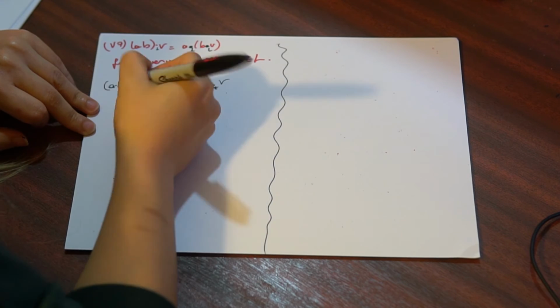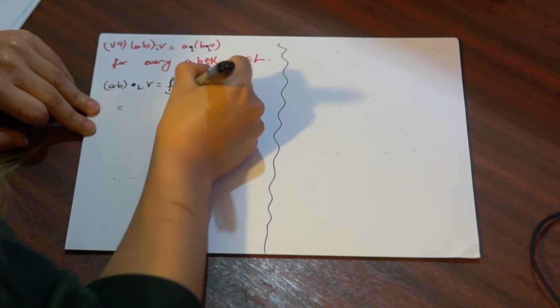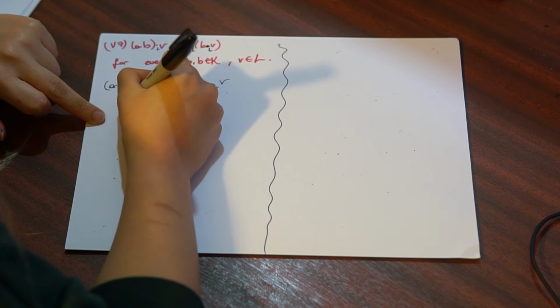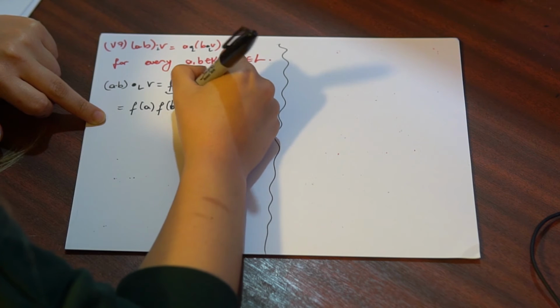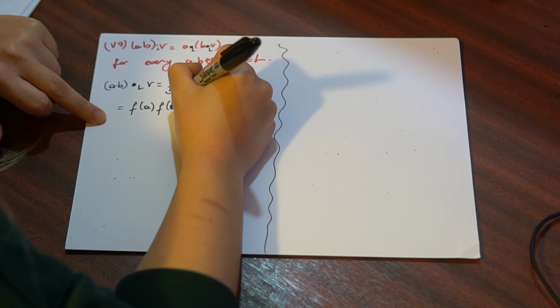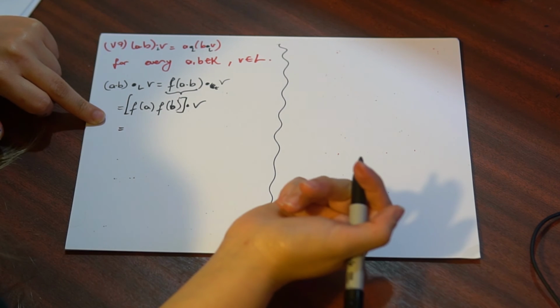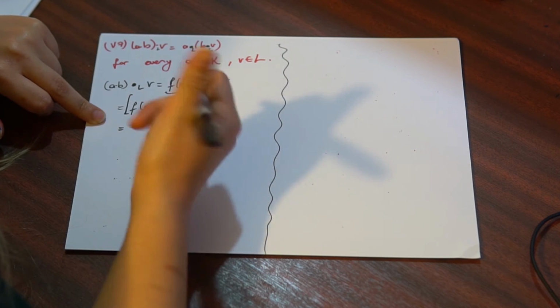This is the field product. Again, this f is a field homomorphism, so we can write this as f of a times f of b times v. Since L is a field, the product is associative.